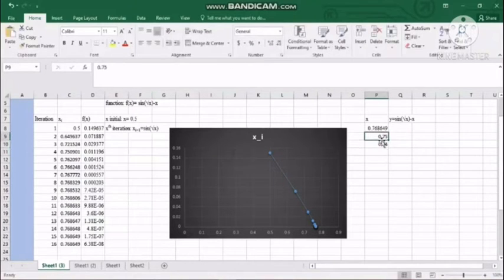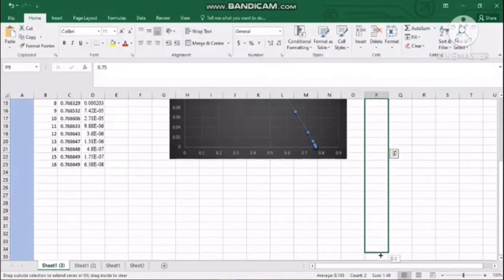We will use an interval of 0.01 until 0.5.